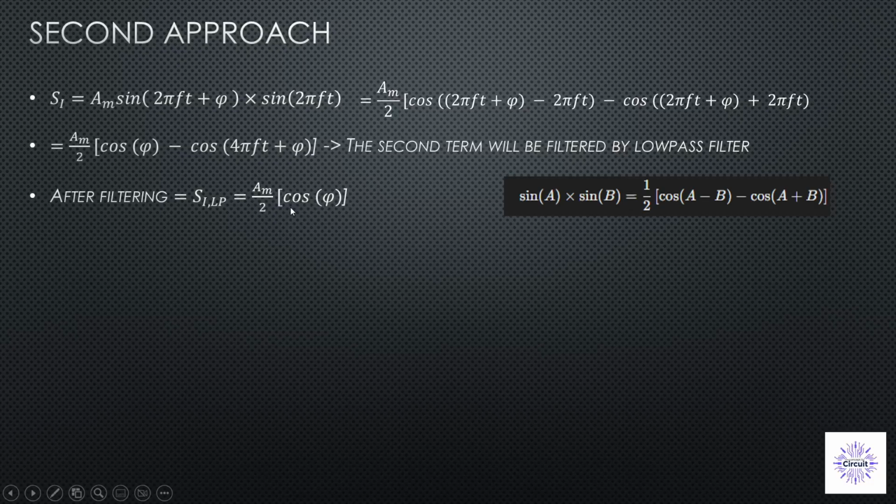This is good, but this has two pieces of information in it. It has information about AM, which is our amplitude, plus information about our phase. We want to be able to find these separately. What we do is we define SQ, which is again the same as before, but instead of multiplying our signal by a sine, we multiply it by a cosine.